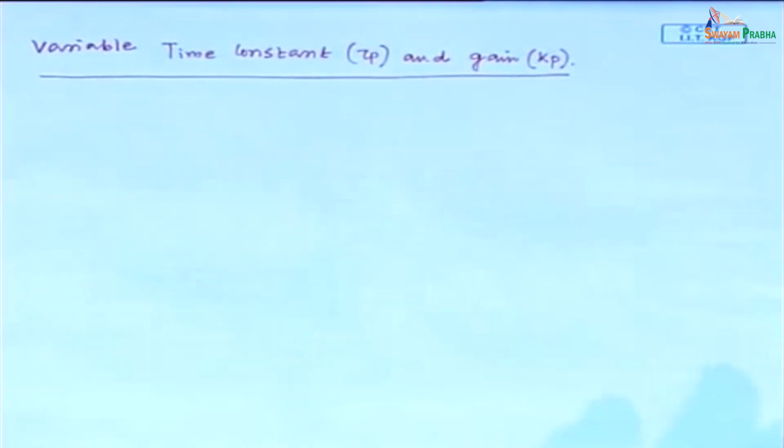So far we have discussed considering time constant and gain as constant quantities. Now we will consider one case in which we will observe that tau p and Kp are not constants. So far we have considered tau p and Kp both are constants. Now we consider one example and we will observe that these two are variables.